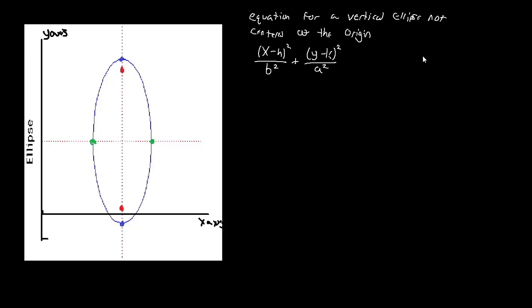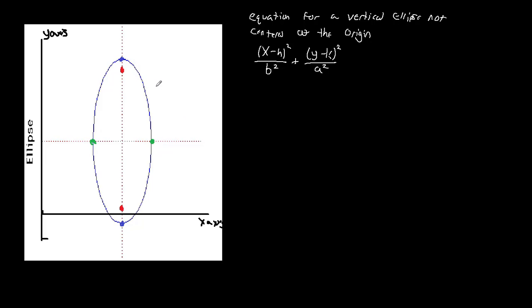And in this video, I'm going to talk about what happens when we have a vertical ellipse, right? That's one that is taller than it is wide, that is not centered at the origin. And I want to go through sort of the same thing we went through in the previous video, talking about where these parameters go. It's going to look very, very similar.